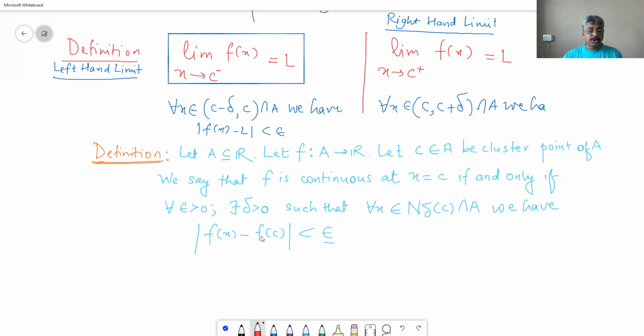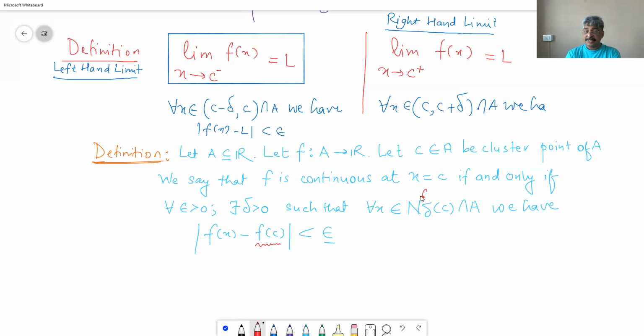So there are two changes in the definition of continuity compared to that of limit. One change is here and another change is here. We don't have the deleted delta neighborhood. These are the two changes, and of course because we are not using L, we don't have to define L. That is the definition of continuity.